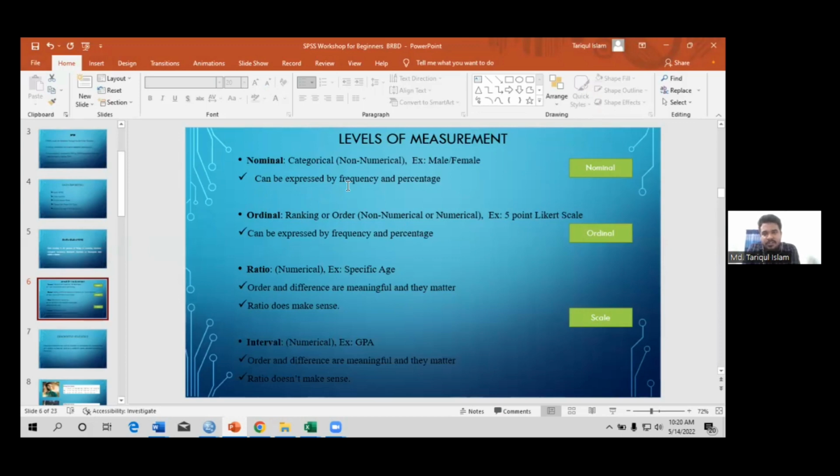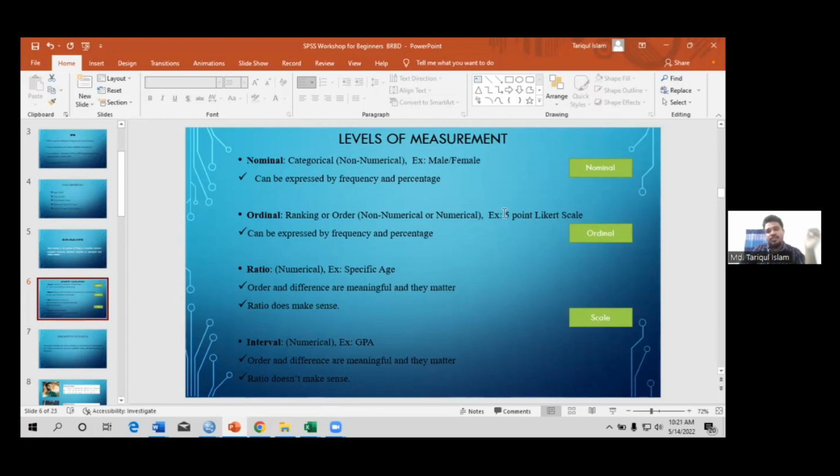Many people have stated that in different ways, but most of the researchers said that it is better to go with nominal because it is a category. Here we are talking about four categories of people: 18 to 24 one category, 25 to 34 the second category, 35 to 44 the third category, and 45 and above the fourth category.